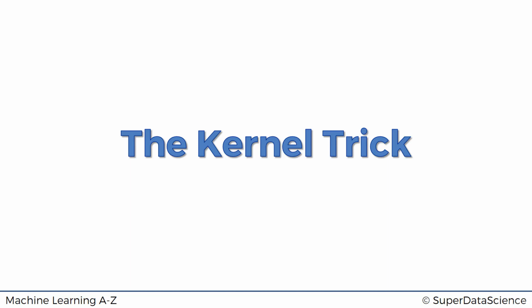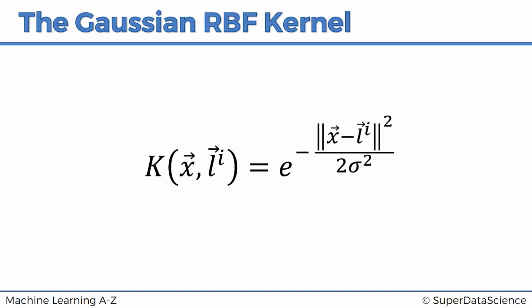So let's get started. Here we've got the Gaussian or the radial basis function kernel, and those are two interchangeable terms. Now let's have a look at this function. K stands for kernel, and it's a function applied to two vectors. The x vector is some sort of point in our data set, and L stands for landmark.